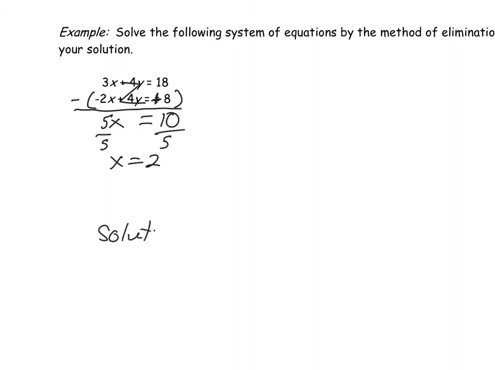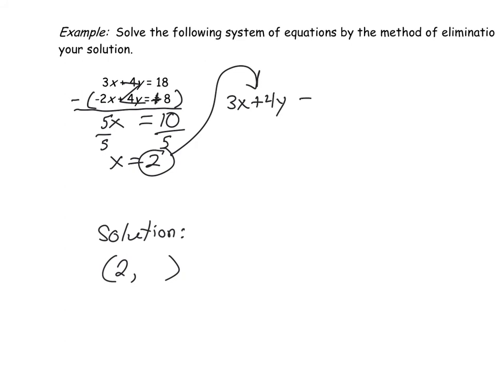So my solution so far is 2, comma. I need to figure out what y is, so I'm going to plug that into one of the two equations. This one doesn't make much of a difference as far as the amount of work you have to do. But if I take 2 and plug it in there for x, so that means I've gotten rid of the x, and I replace it with the 2.